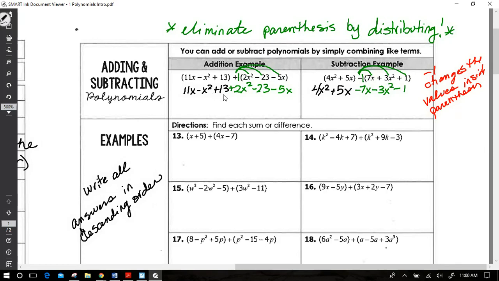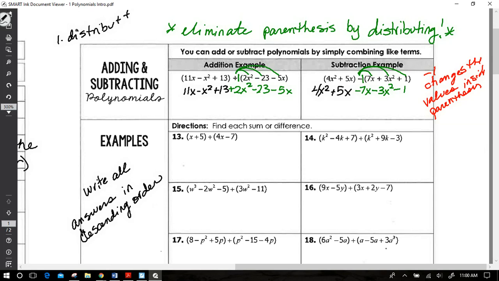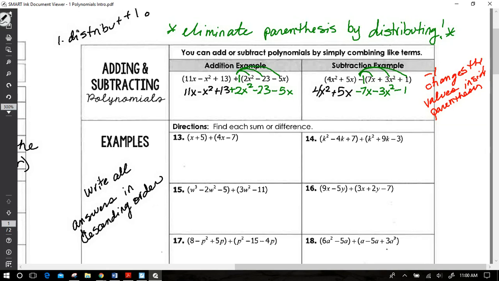So step number 1, distribute the plus 1 or the negative 1. Okay? Step number 2 is going to be to combine all of your like terms. And step 3 is going to be to put them in proper order.